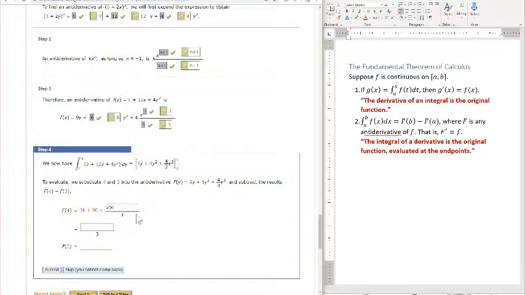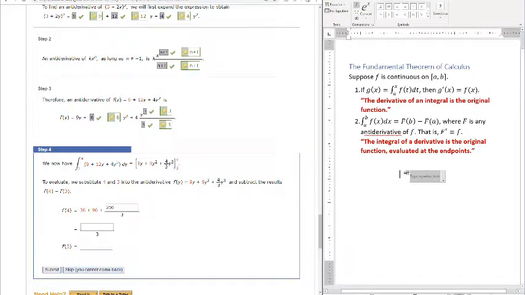And then now we have to add them all up. So we need a common denominator of 3. Let's make some fractions. We got 36 plus 96 plus 256 divided by 3. And so the common denominator is 3.